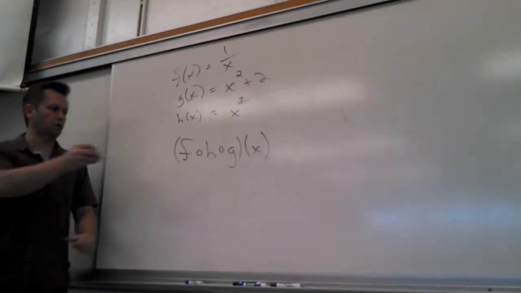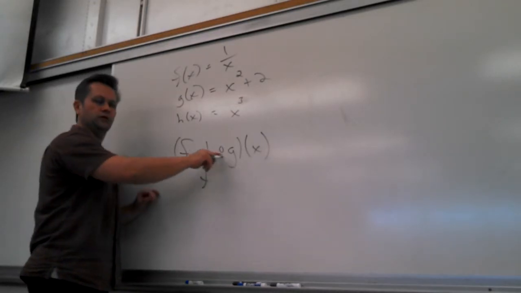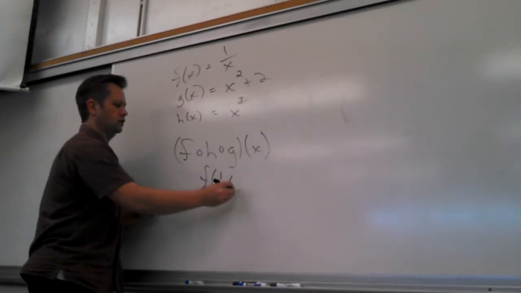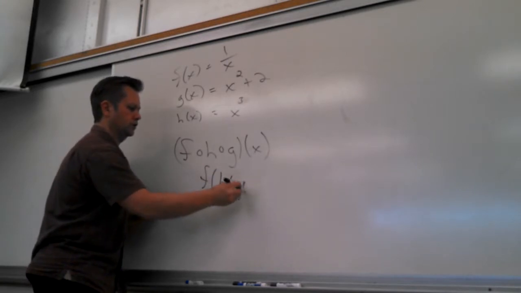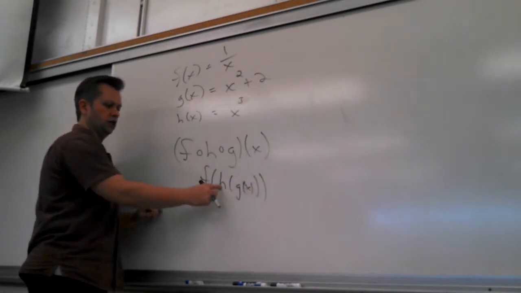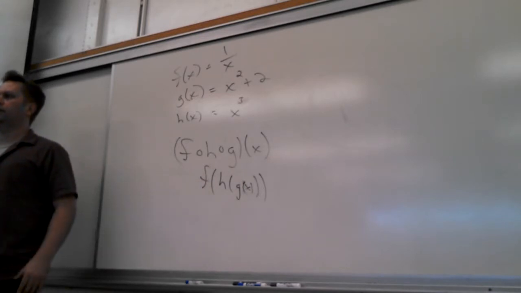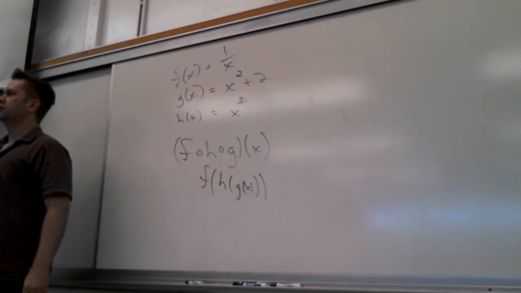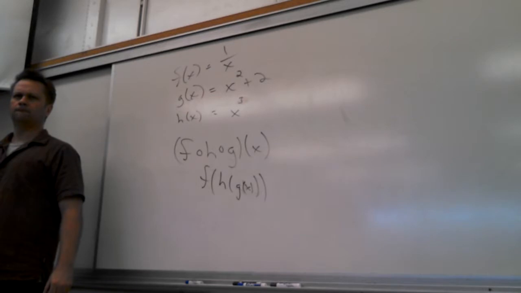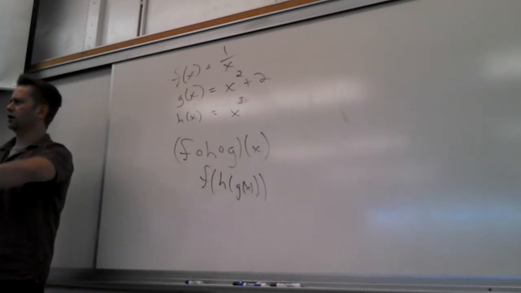F of H of G. A better way to write this, I wish they would have never made this stupid little notation, is F of H of G, and then it's really clear what's going on. You want to take G and plug it into H, and take that and plug it into F, right? So take a minute and try to figure out what that is. It's like Russian nesting dolls. You just got to put them back together.